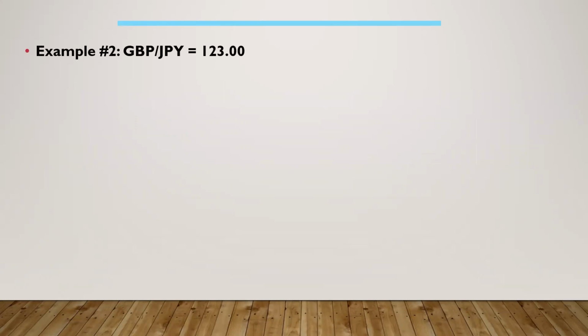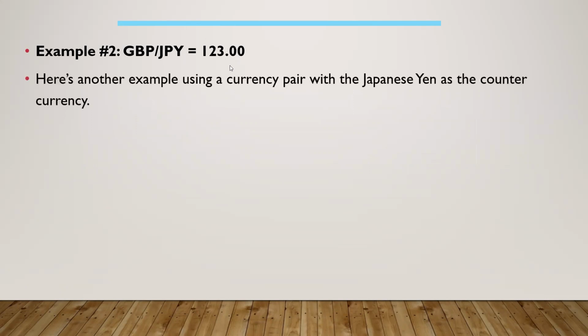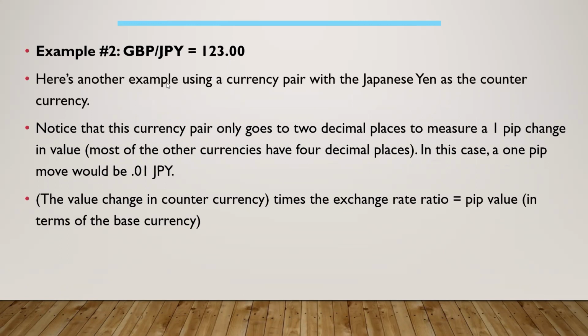So example 2, you have the GBP JPY at an exchange rate of 123.00. You calculate that a 1 pip change in value of the GBP JPY will be equal to a 1 pip move of 0.1 of JPY.